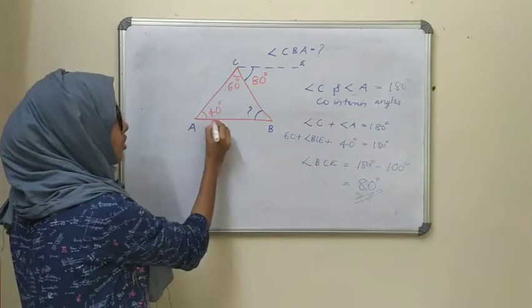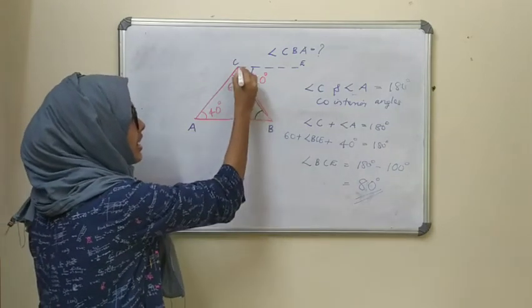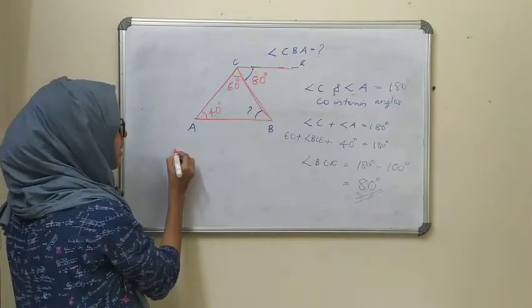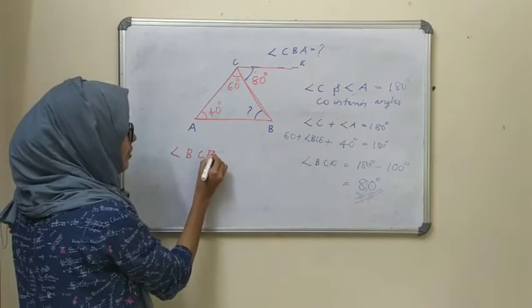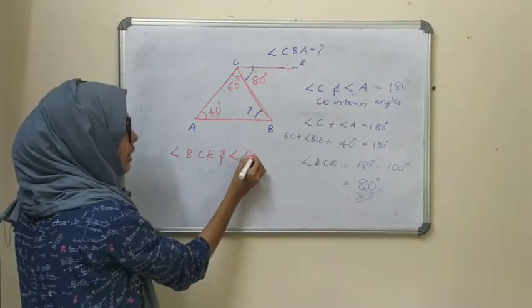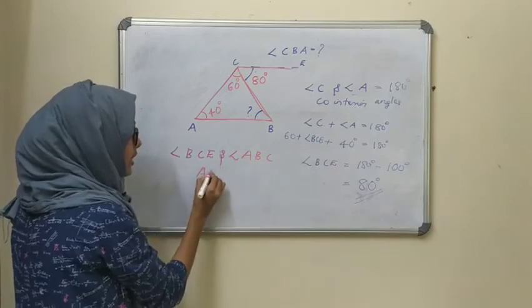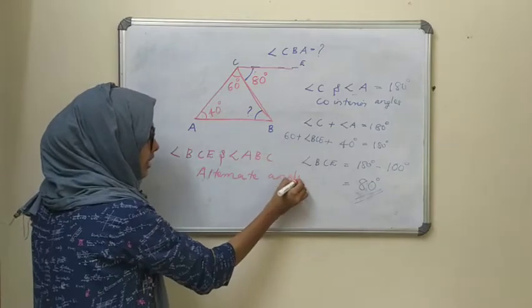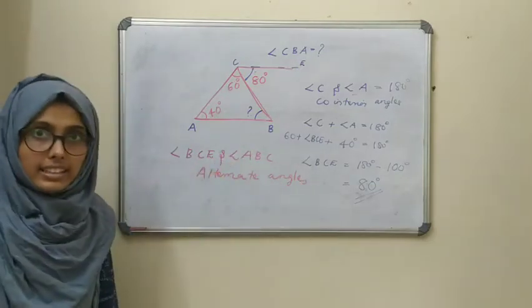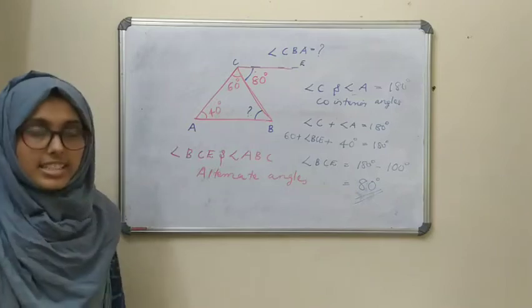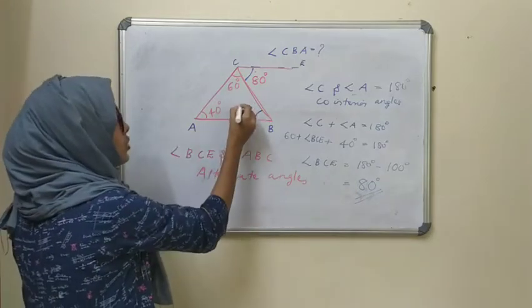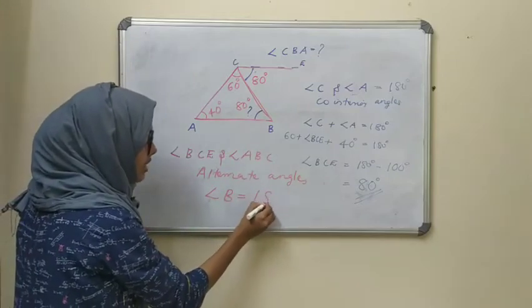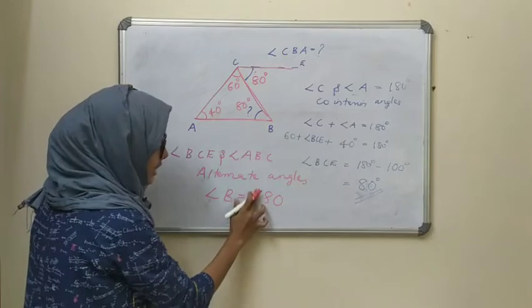Now we will concentrate only on these three lines. We know that angle BCE and angle ABC are alternate angles, that is, they are the same. So angle B will be 80 degrees.